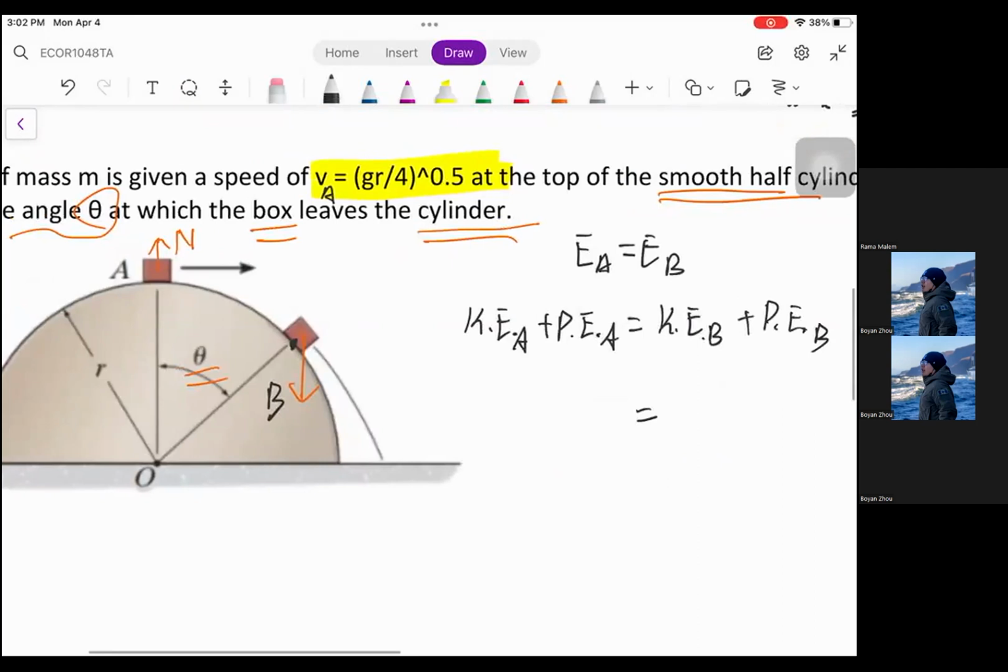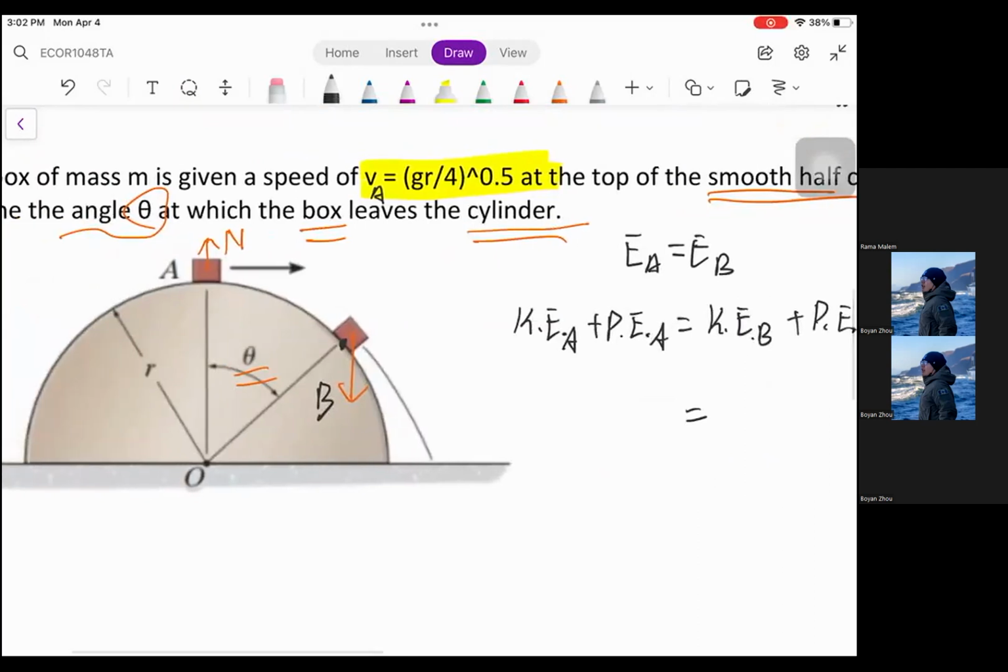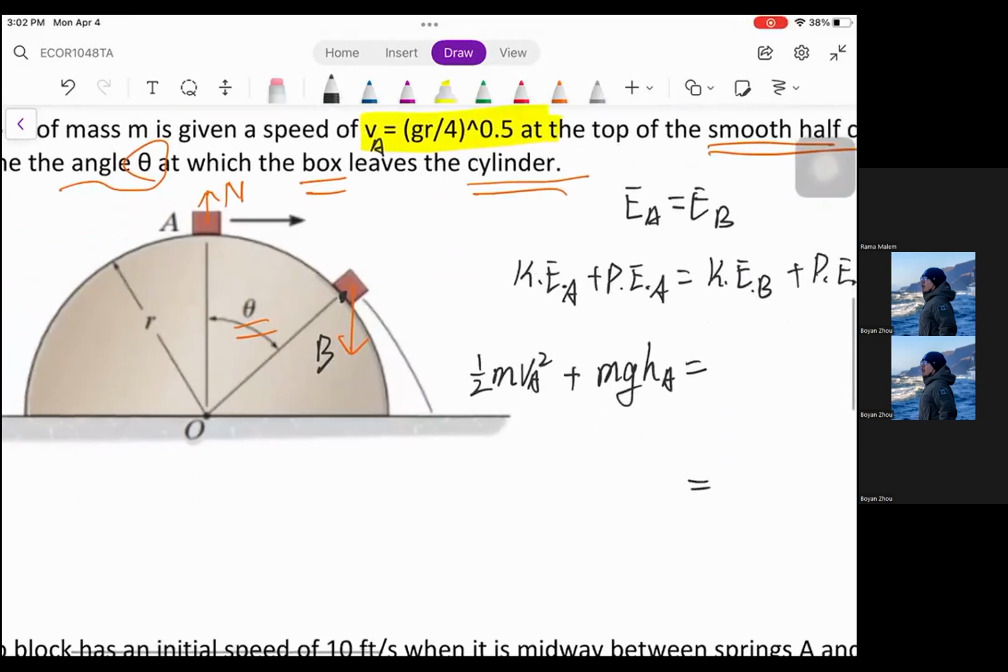And for the kinetic and potential energy at point A, everything is given. So it's half m VA squared plus m g HA. And I'm just gonna plug in the numbers.